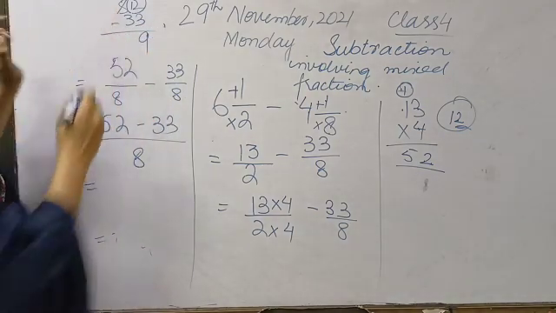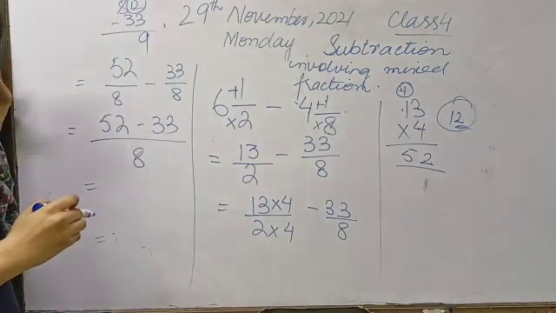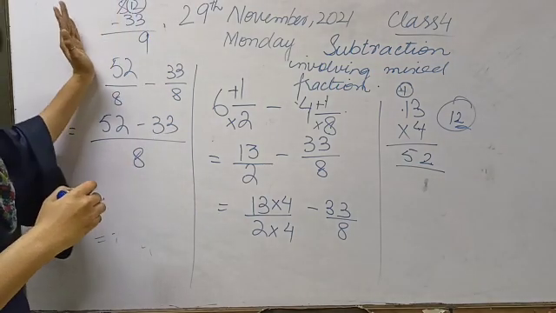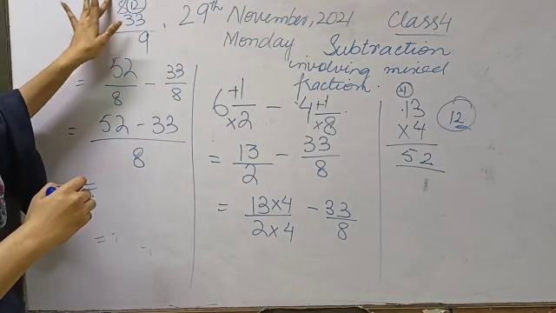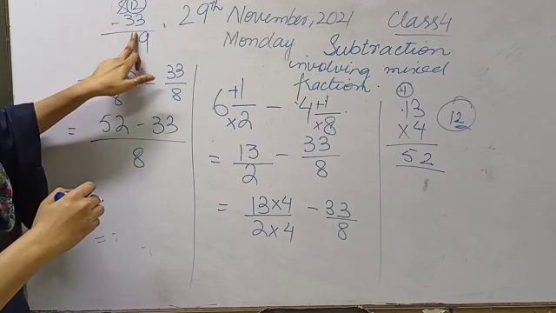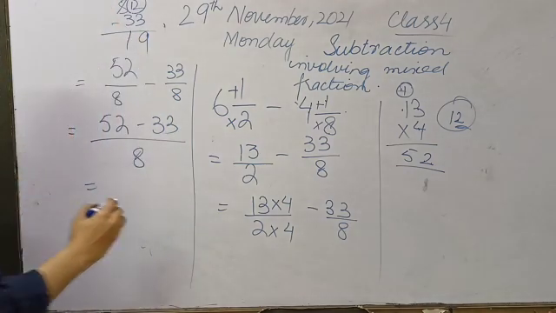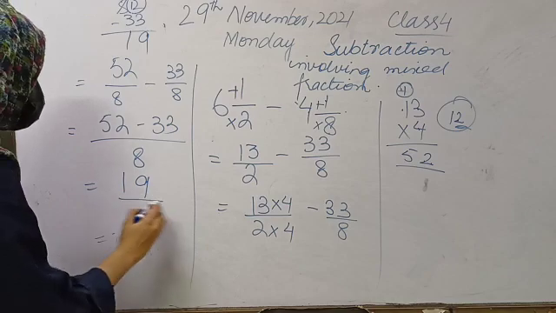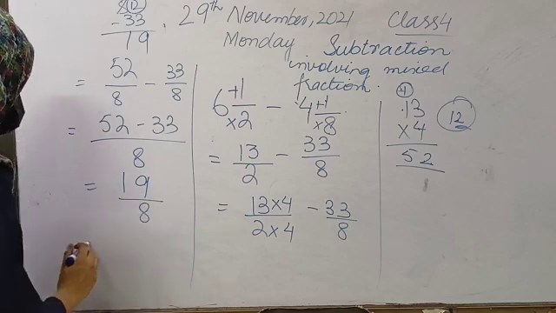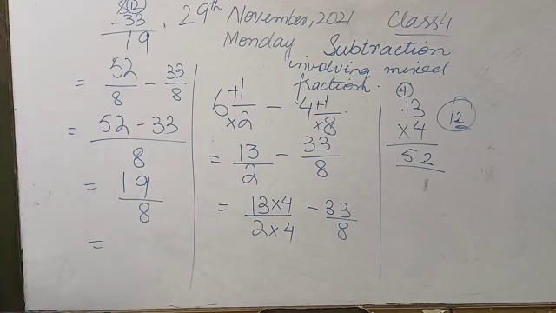Okay? And the number which is left here is 4. We will subtract it, which is 4 minus 3 which is 1. So in the end we have 19 by 8. So class, the fraction we have in the end is 19 by 8.